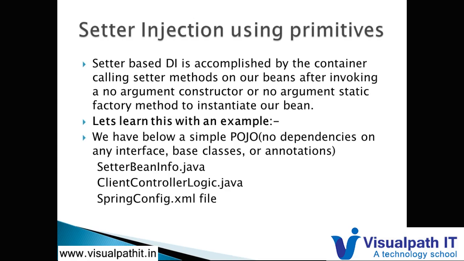There is no other dependency like an interface. We don't need any base class or annotations. We don't need any of those things. We just need a simple POJO, a main method and a Spring XML configuration file. If we have these three things, we will easily understand what exactly is a setter dependency injection using primitives.